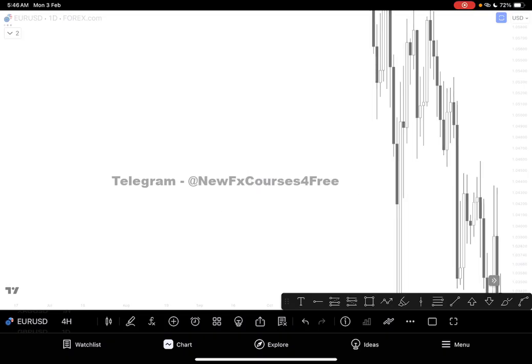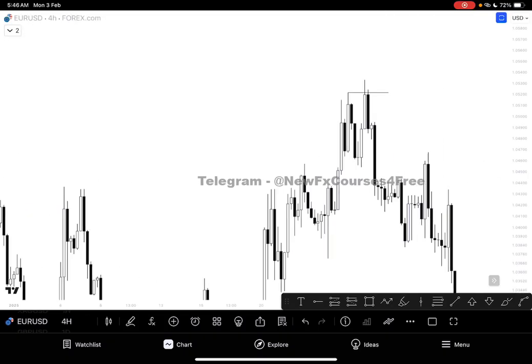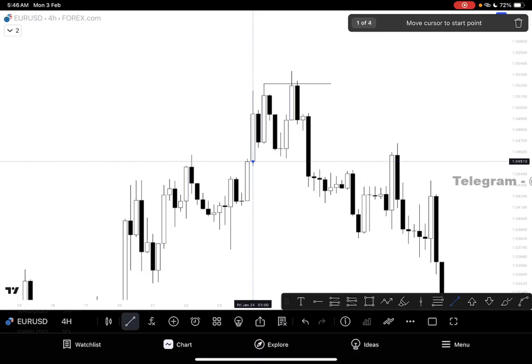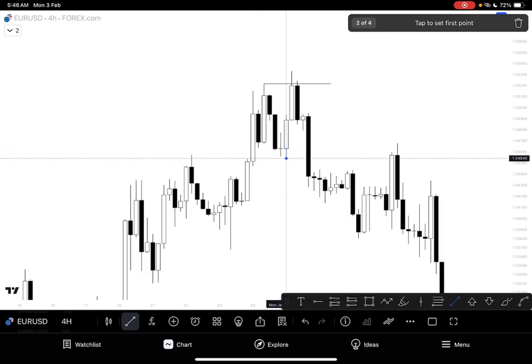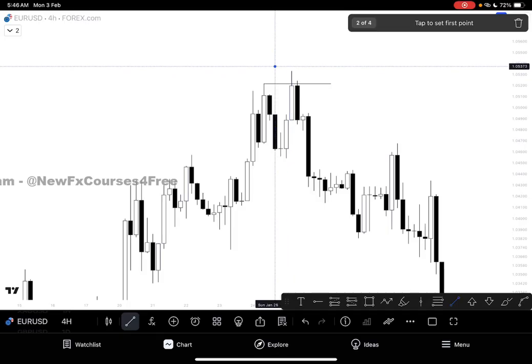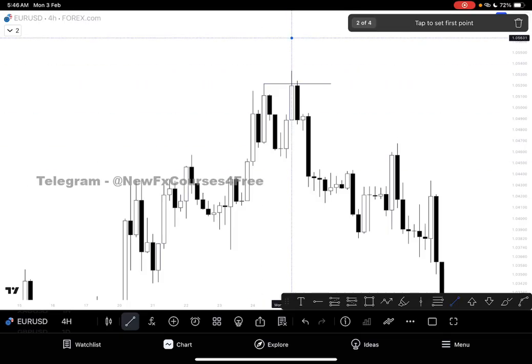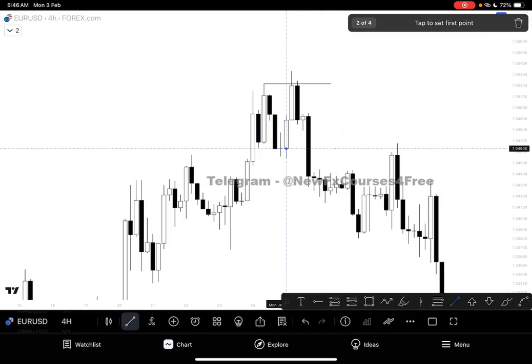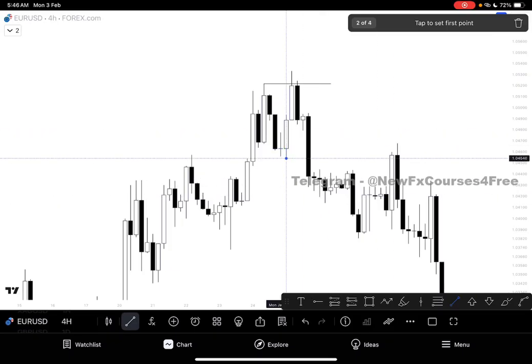Going down to the 4-hour time frame. Here, you can see the 4-hour key level, which is actually our breaker block. Remember the structure of your breaker block: pop above a high, displacement below, return back to the high. It will offer support.